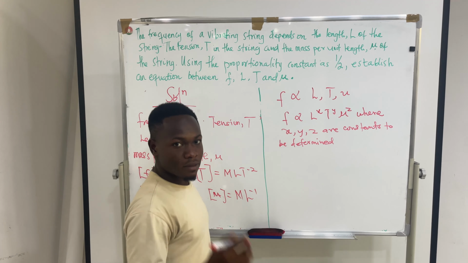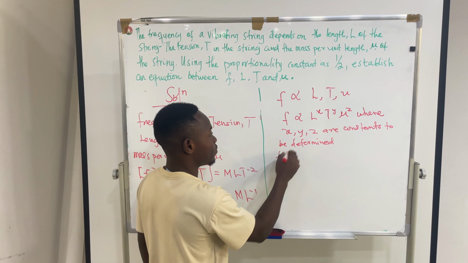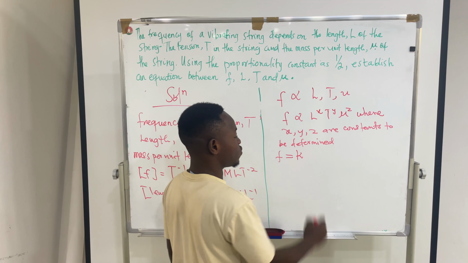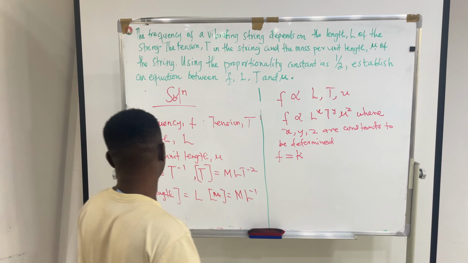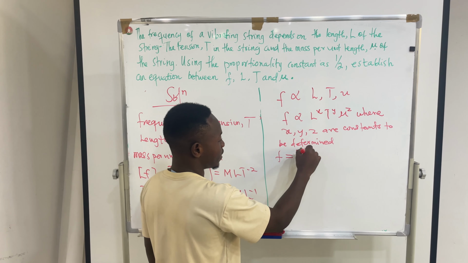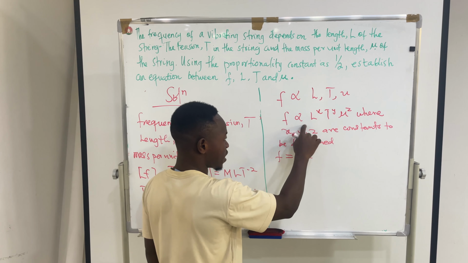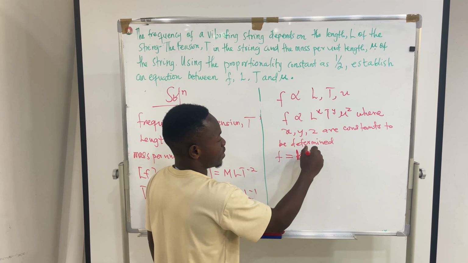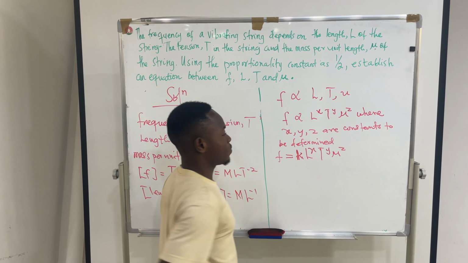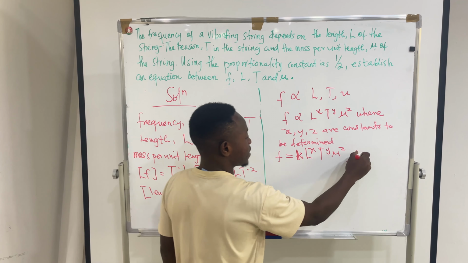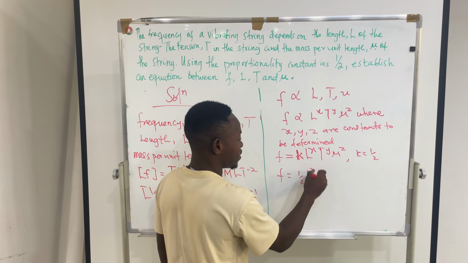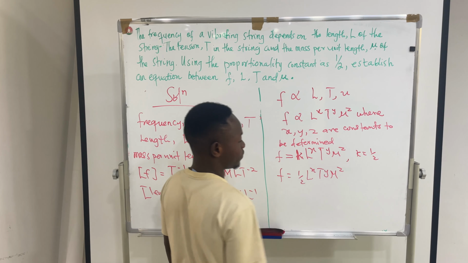If you study operation of proportion, you realize that you can remove this proportionality sign and bring an equal sign and a constant of proportionality. Here I'm using k as my constant of proportionality, because the proportional equation becomes a normal equation like this: k L^x T^y mu^z. Now we are given k as half, so I can just put that into the equation. F is equal to half L^x T^y mu^z.